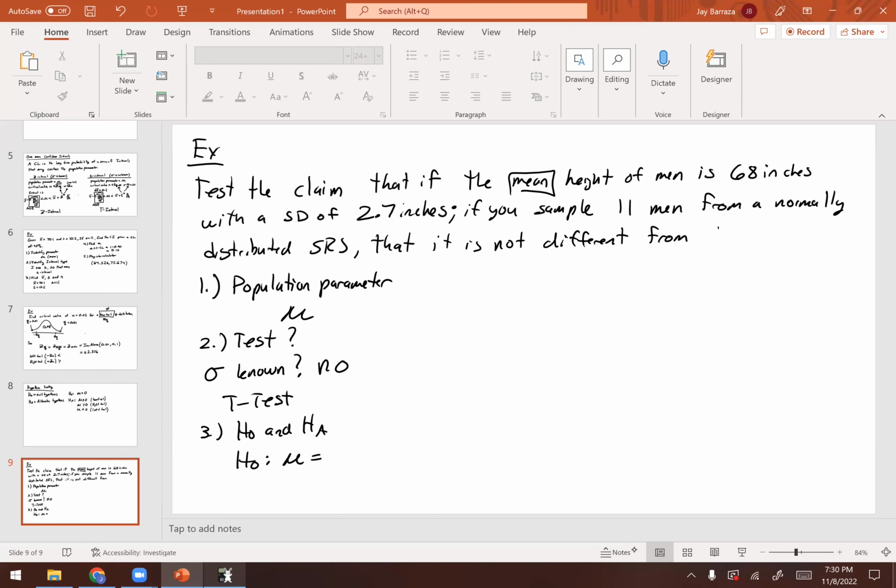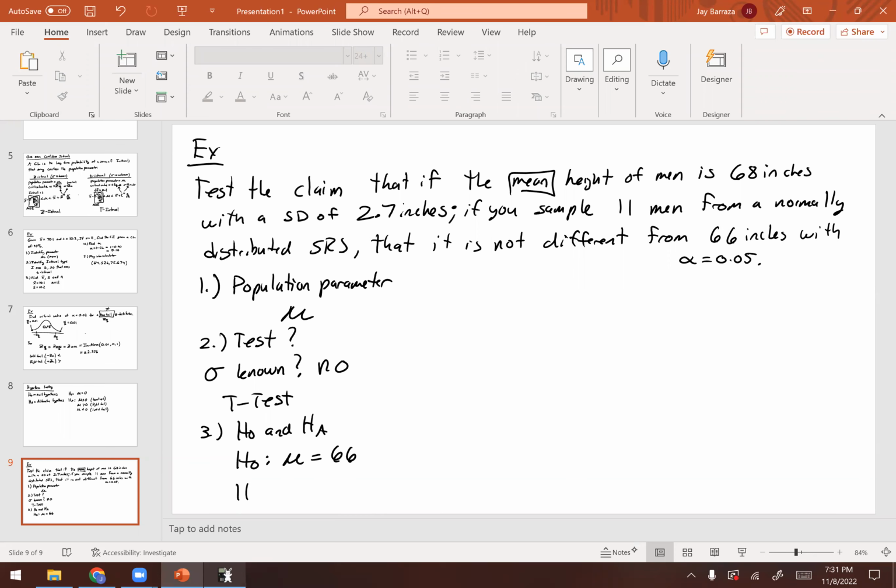From 66 inches. I have to give you the one that I gave you was X bar, so that's my fault. Okay. Oh yeah, and alpha. We can just add at the end. Yeah. So that it's not different from 66 inches. So my null hypothesis is that it is 66 inches.